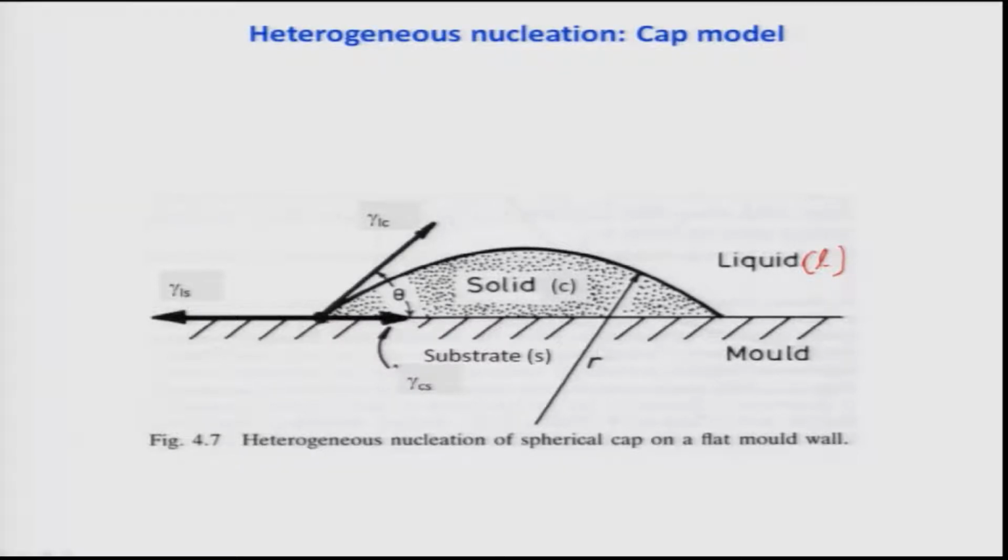At the meeting point these energies are balanced, and to balance them you need a contact angle, which is given as theta.